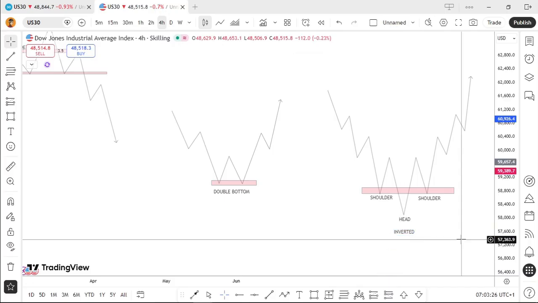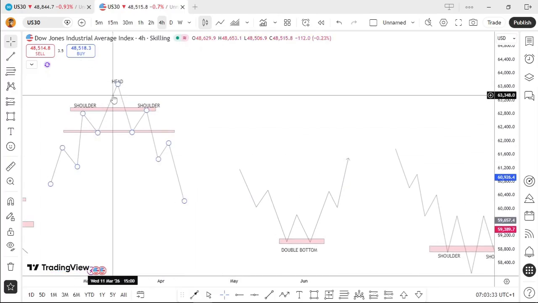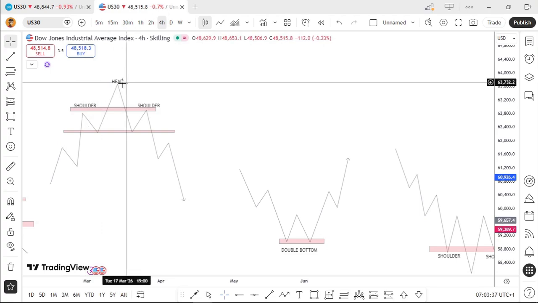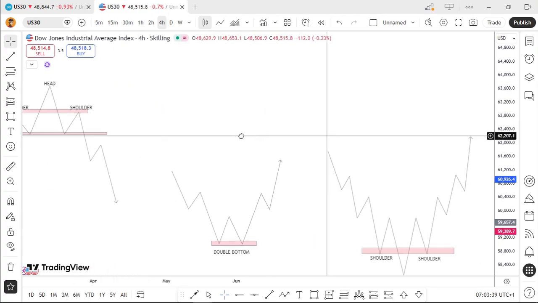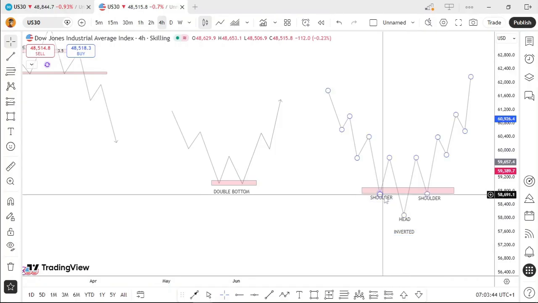When we say inverted, it is something that is turned. So in a bullish market that is going up, it is known as head and shoulder pattern. In a bearish market it is known as inverted.